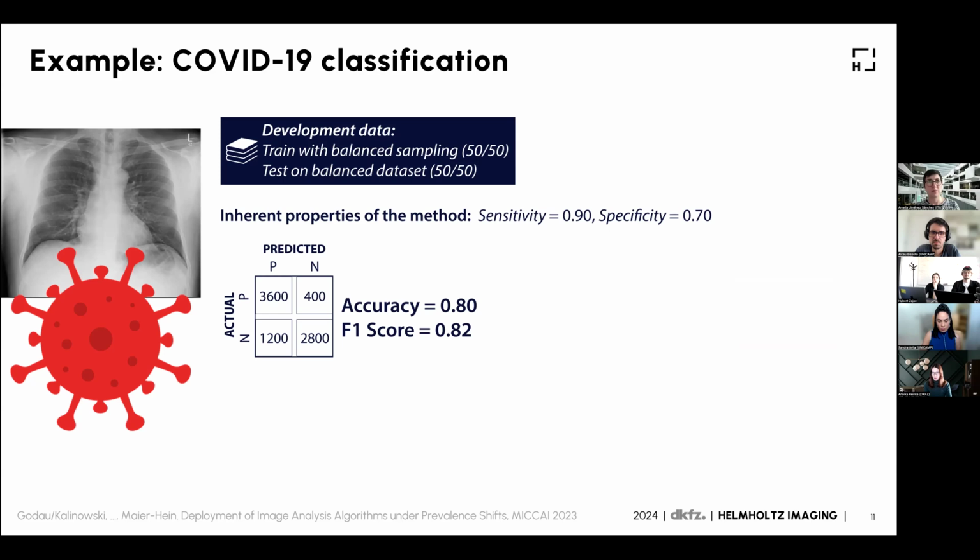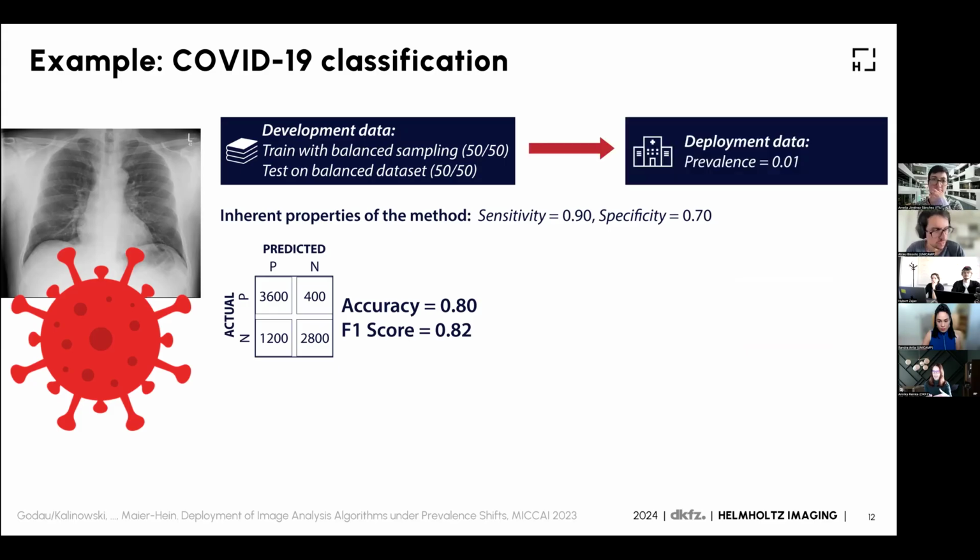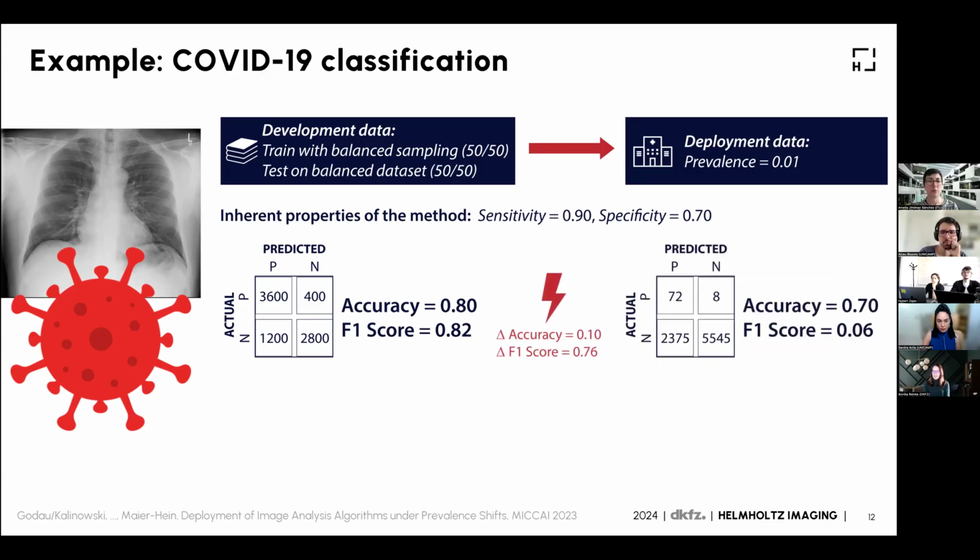If we now want to use this exact algorithm with the exact inherent properties, so sensitivity and specificity, and deploy it to the real world, where we have a much lower prevalence, so not 50%, but 1%, the algorithm will score much, much lower, especially if we look at the F1 score.